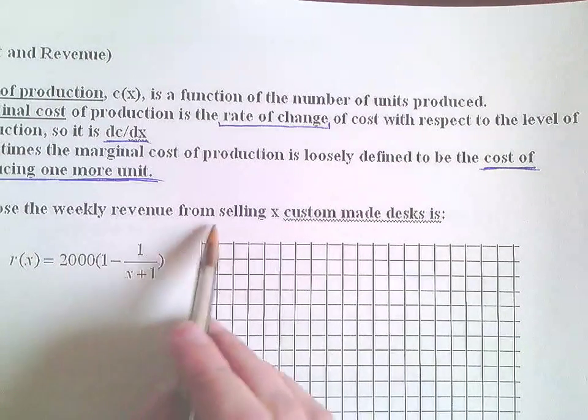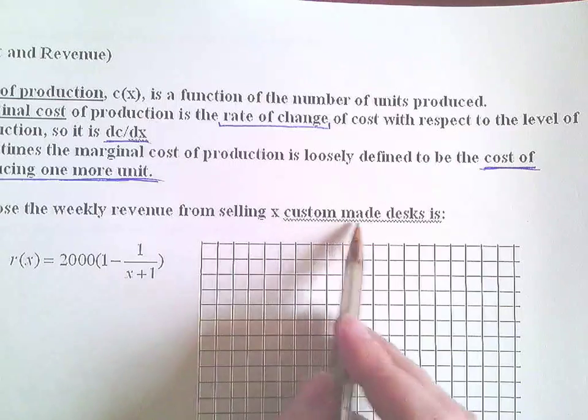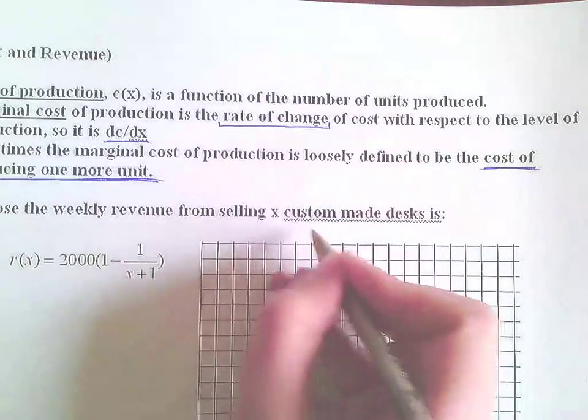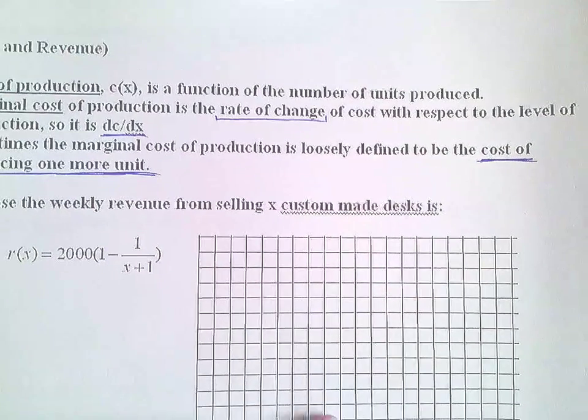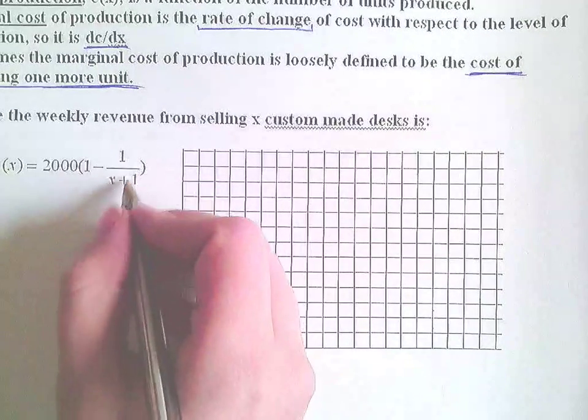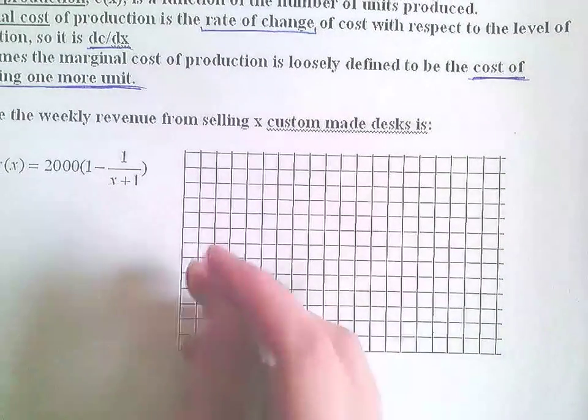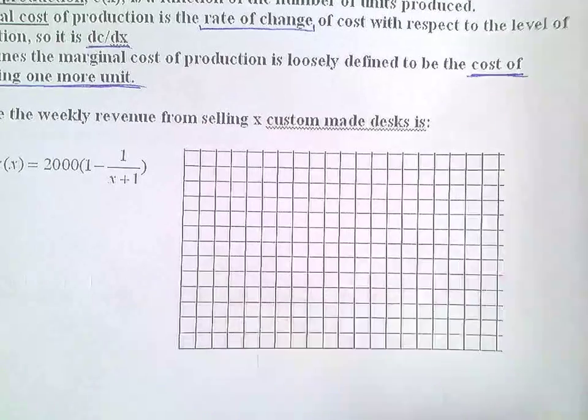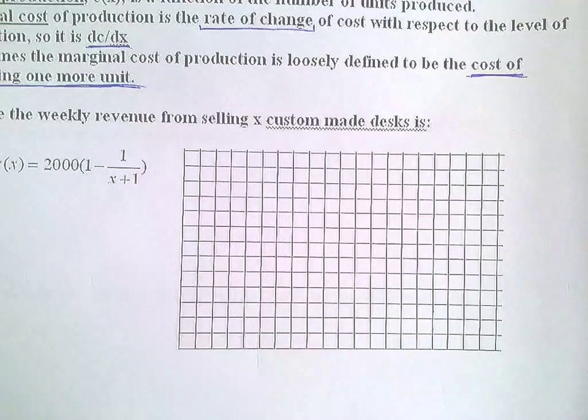So suppose the weekly revenue from selling x custom-made desks is R of x equals 2,000 times (1 minus 1 over x plus 1). So I want you guys to graph this, because the graph for the problems that we're doing is not really important.